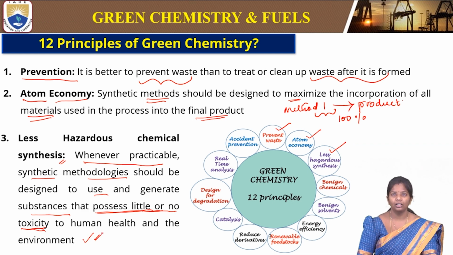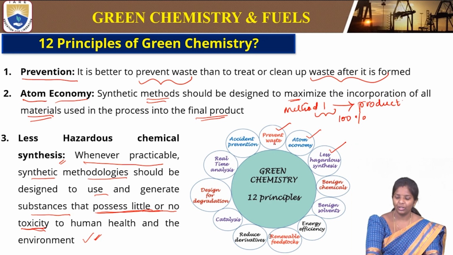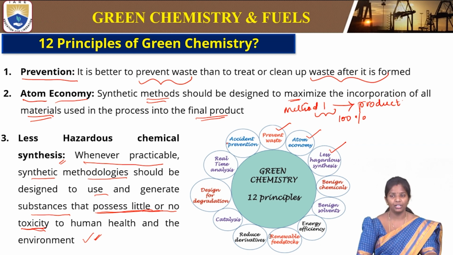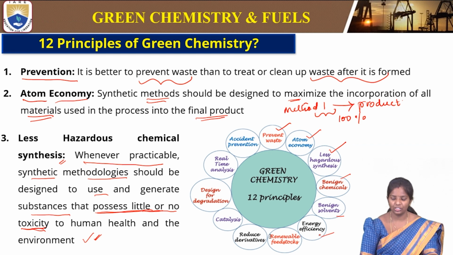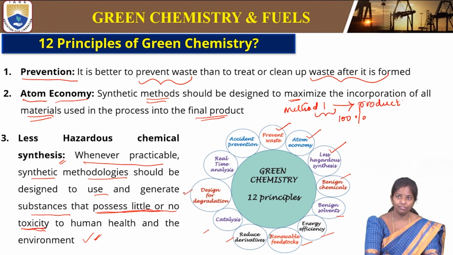So there are three different principles explained: prevent waste, atom economy, less hazardous synthesis. These are among the 12 principles: benign chemicals, benign solvents, energy efficiency, renewable feedstocks, then reduced derivatives, catalysis, design for degradation.